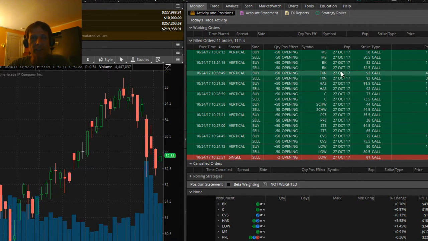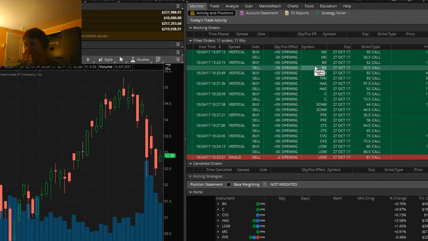Now, all these spreads, I do them specifically because I know that if the stock goes up, I make my 25%. If the stock stays the same, the ex-dividend doesn't go anywhere, I still make my 25%. The stock can even go down just a little bit, and I still make my 25%, as long as it stays above the higher mark, which I sold.